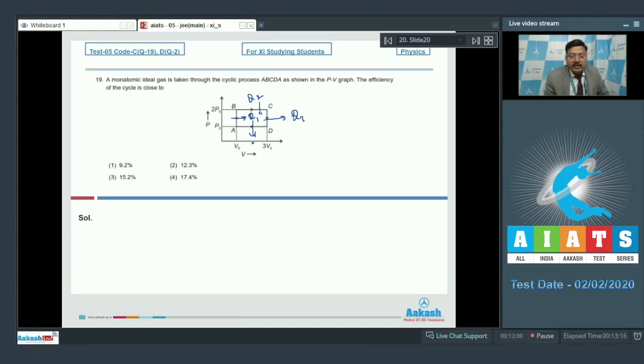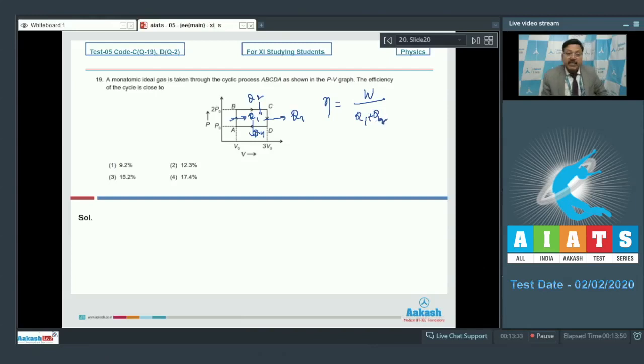So Q3 amount of heat will be rejected by the system. And finally the process DA is isobaric compression. So here also say Q4 amount of heat is being rejected by the system. So the efficiency is simply the work done in the cycle divided by heat absorbed Q1 plus Q2, right?